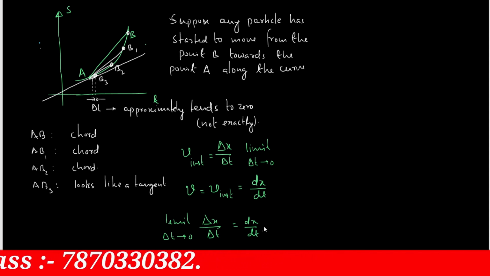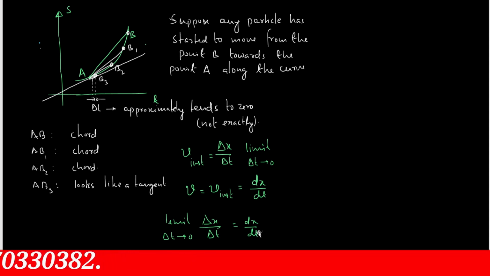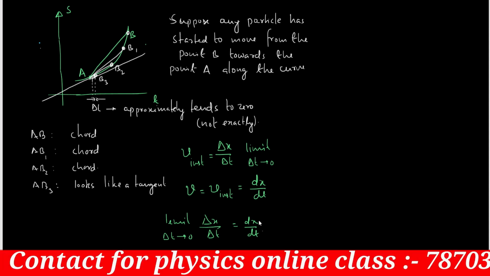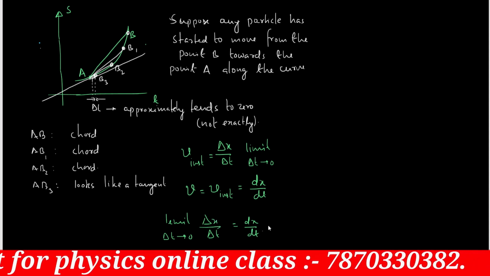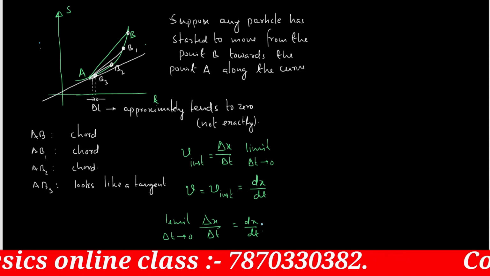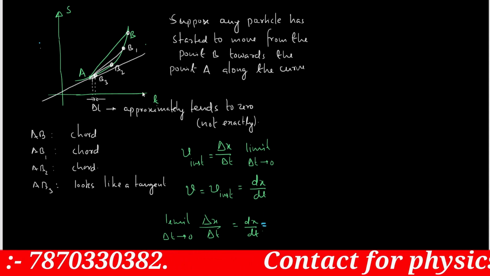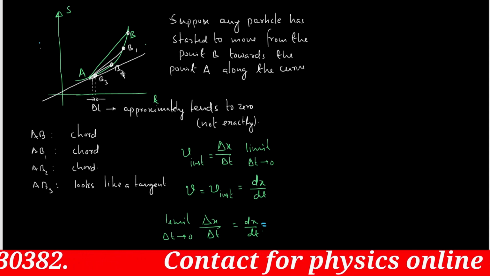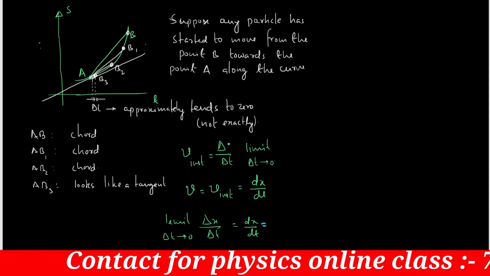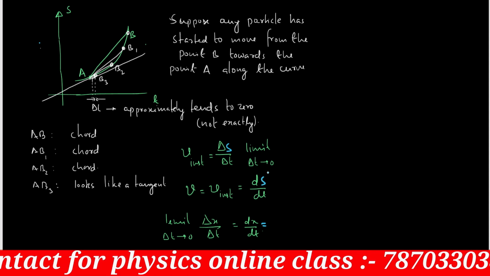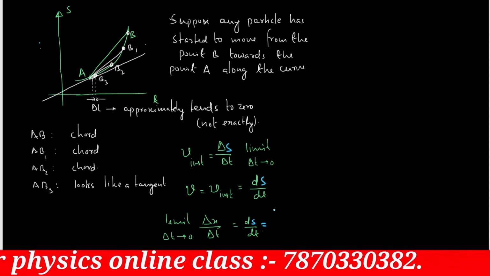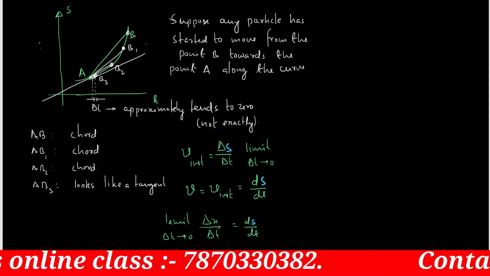It means how x changes with respect to time, and this is the slope of the tangent. x is a kind of distance; how s changes with respect to time. Here you can write s, no issue. Okay, this makes sense.